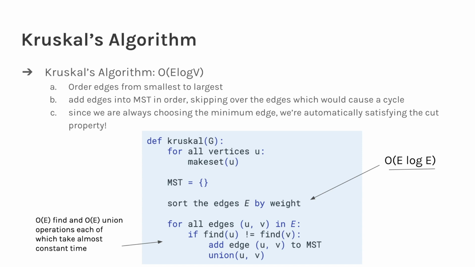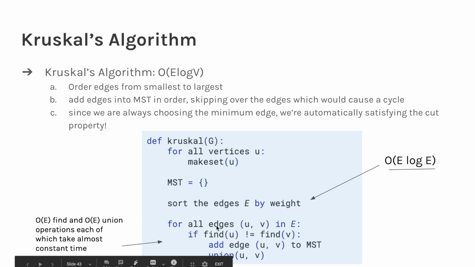So we order the edges from smallest to largest, and then you add edges into the minimum spanning tree in order from the list that you create, and you skip edges that would cause a cycle. Here it's in the pseudocode.